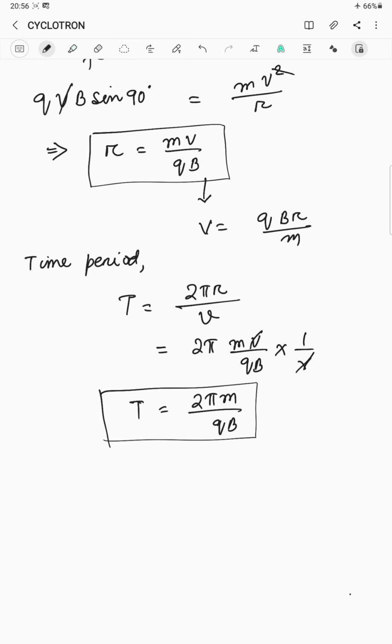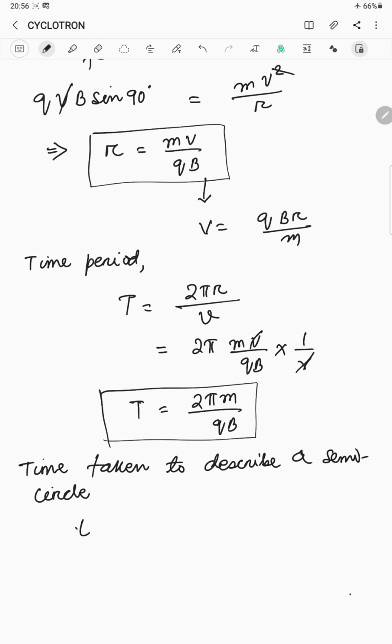Okay, now what will be the time taken to complete half the circle? Time taken to describe a semicircle. How much will it be? Small t, that is capital T by 2.